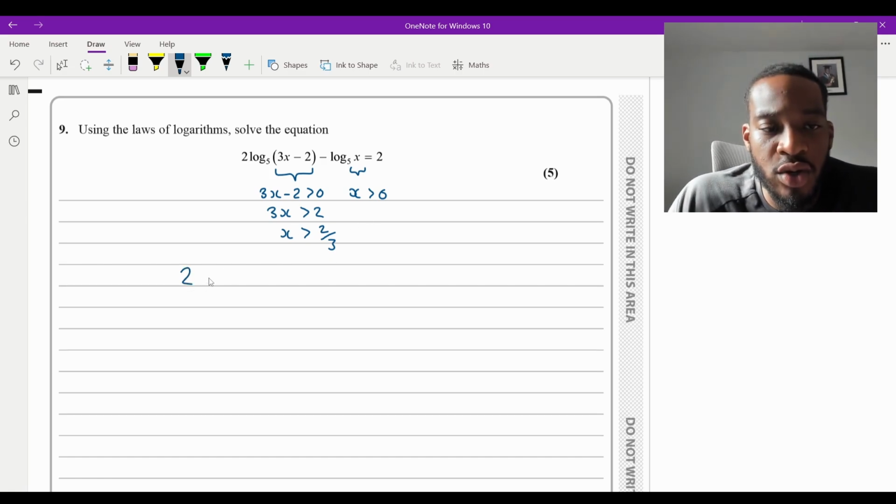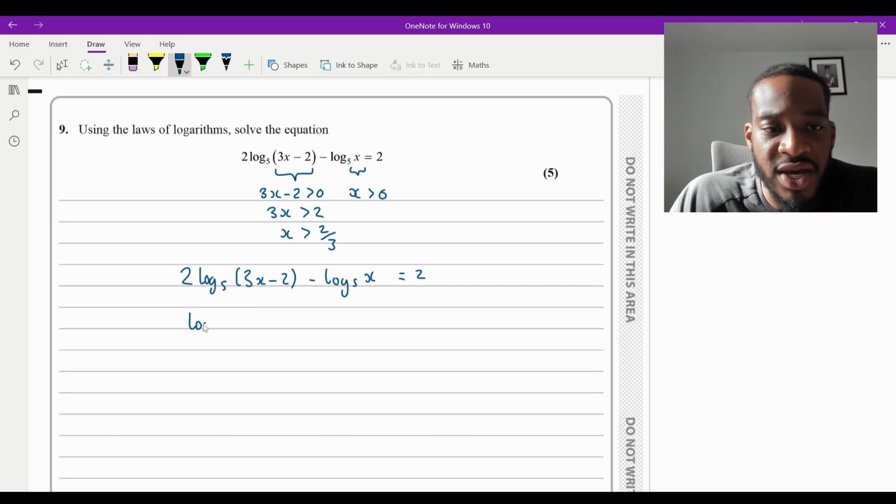We've got 2 log base 5 of 3x minus 2, minus log base 5 of x. This is equal to 2. Now, firstly, we've got the power rule for logs, which means that that 2 can go to the power.